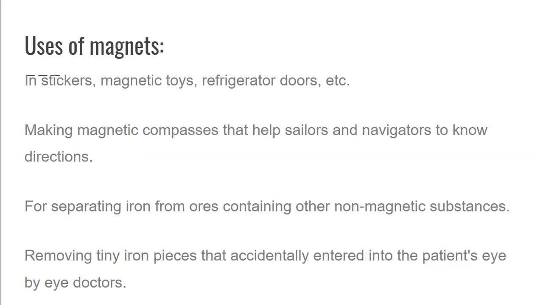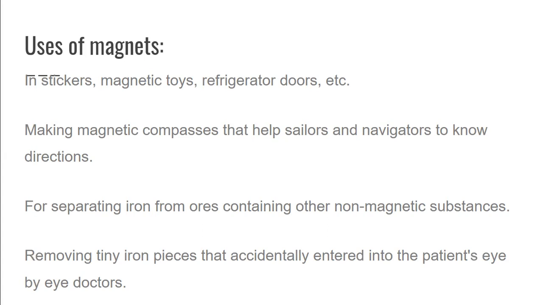Then making magnetic compasses, which we saw earlier in the first slide, that sailors and navigators used to find direction. Also for separating iron from ores that contain other non-magnetic substances. Basically, if you want to separate iron from other non-magnetic substances, you can use a magnet. Next, removing tiny iron particles that accidentally entered a patient's eye, done by an eye doctor.